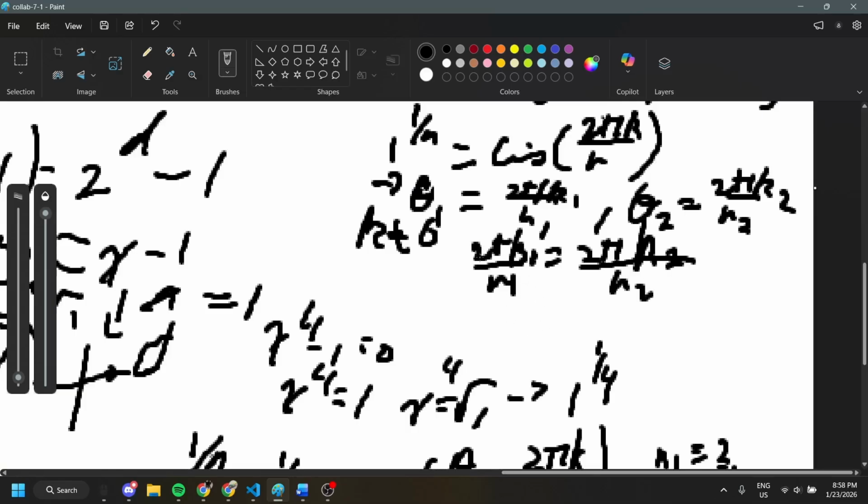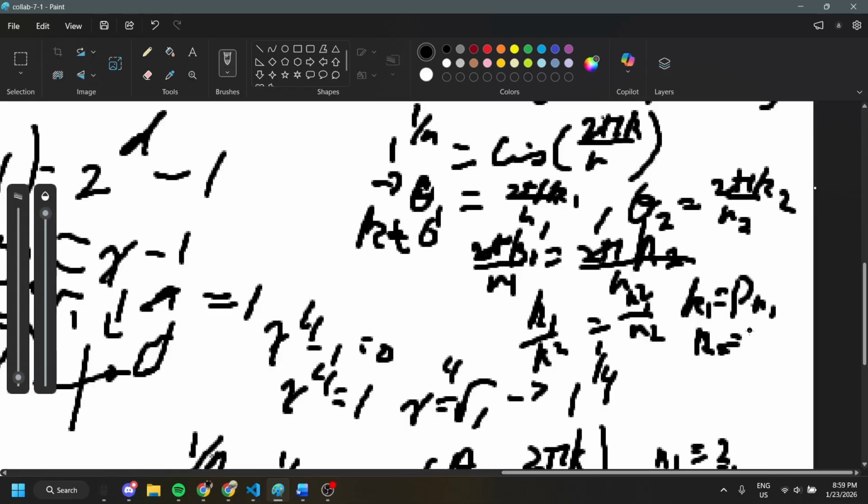And then if we eliminate both of these, we find this is only true when k1 over k2 is equal to n1 over n2, which is only true when k1 is equal to some integer p times n1, k2 is equal to some integer p times n2, where p is greater than or equal to 1, and k is always less than n.